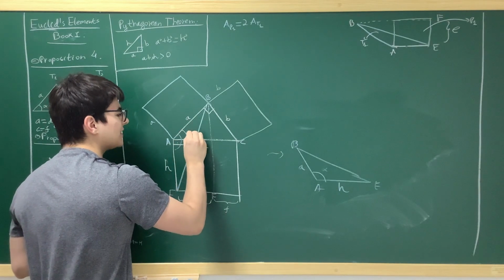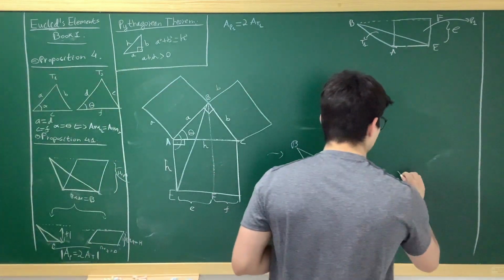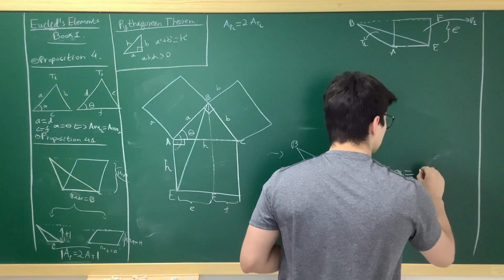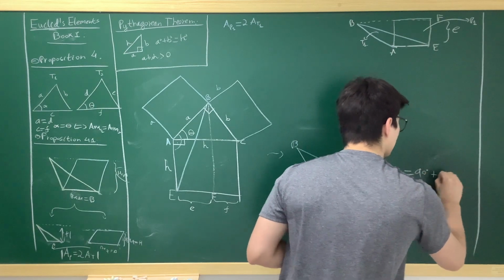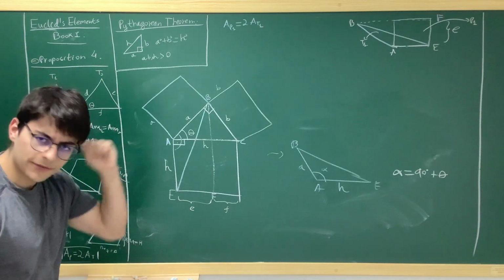So what if I call this angle theta? Okay, just call it theta. Then from this we get that alpha is 90 degrees plus theta. Okay, it's just 90 degrees plus theta. So just have this into account.